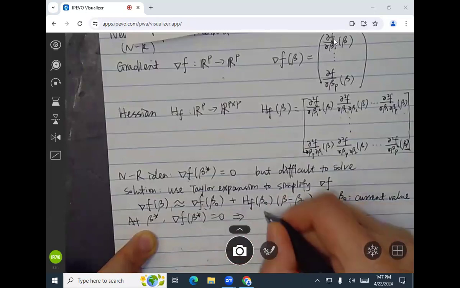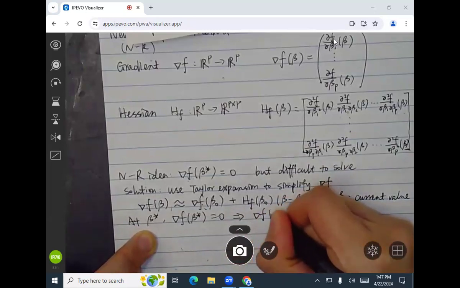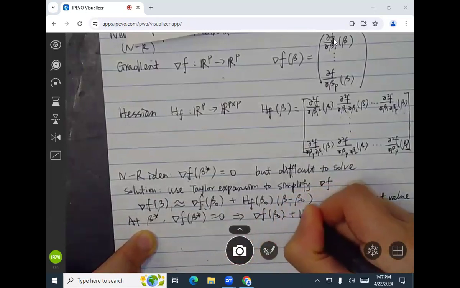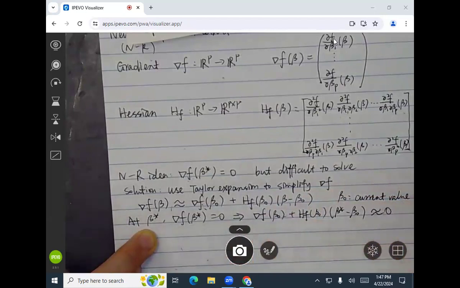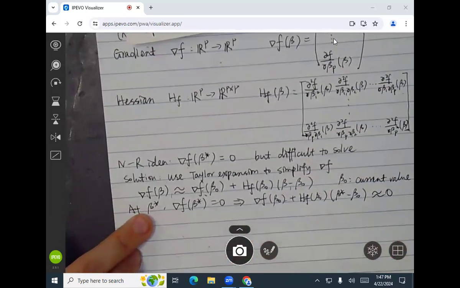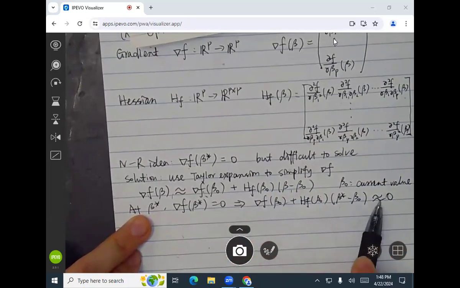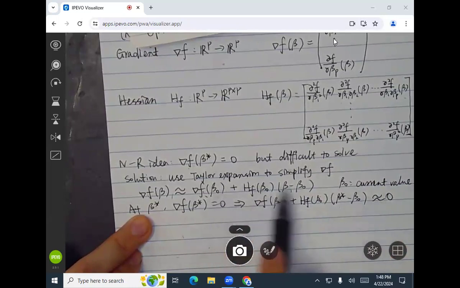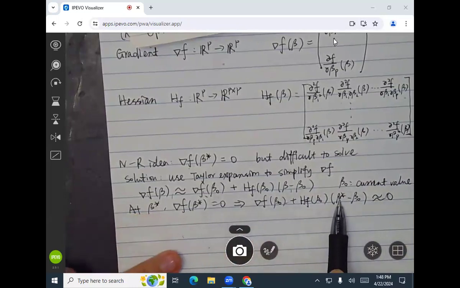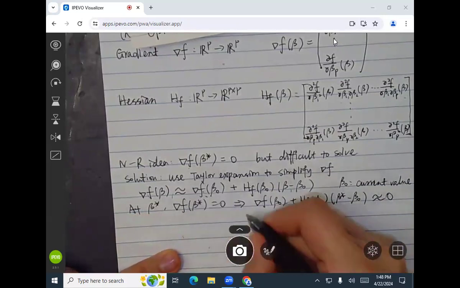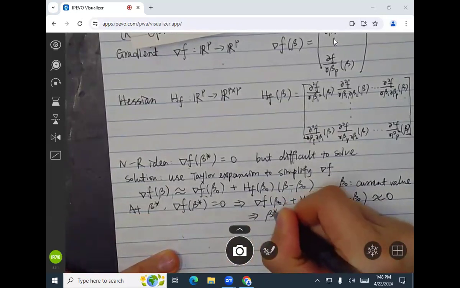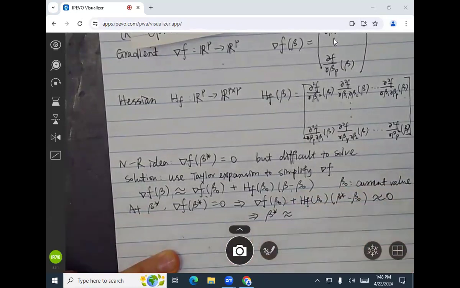Then we will have gradient f at beta 0 plus Hessian at beta 0 times beta star minus beta 0. This is approximately 0. Okay, and if you set this to be 0, pretending the approximation is good, then you have a way to solve for beta star, which is so much easier to solve than the original one, right? Because then this will give you beta star is approximately what?